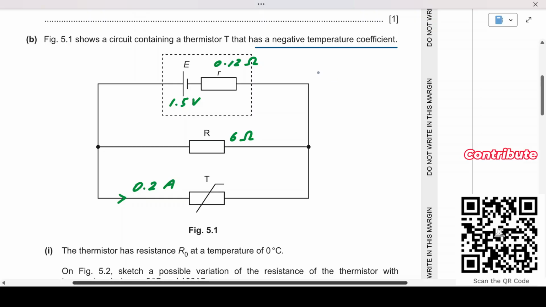So once again, formally speaking, if we need to find the current through the battery or through the cell, we would be needing the EMF, meaning the total voltage, and the total resistance. We do have this value, but we do not have the total resistance of the circuit because resistance of one of the components is missing. So that's why we cannot directly use the formula which would have given us the answer in 30 seconds probably. So let's try some other way.